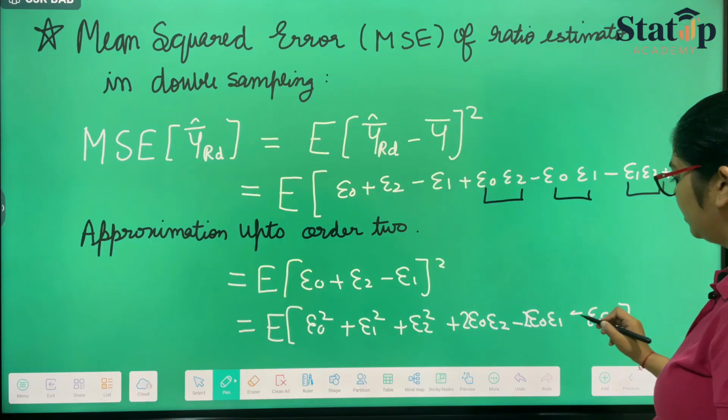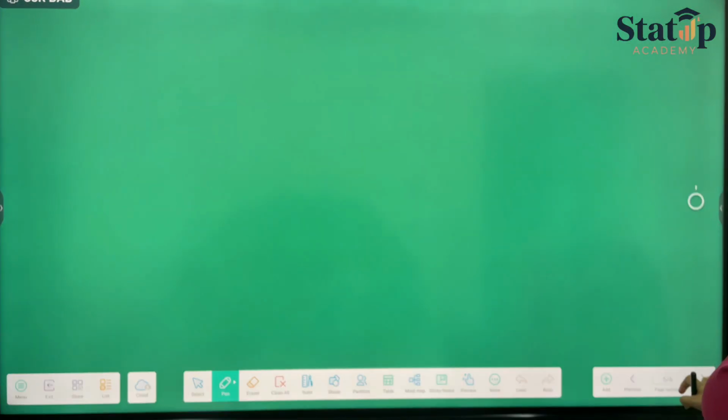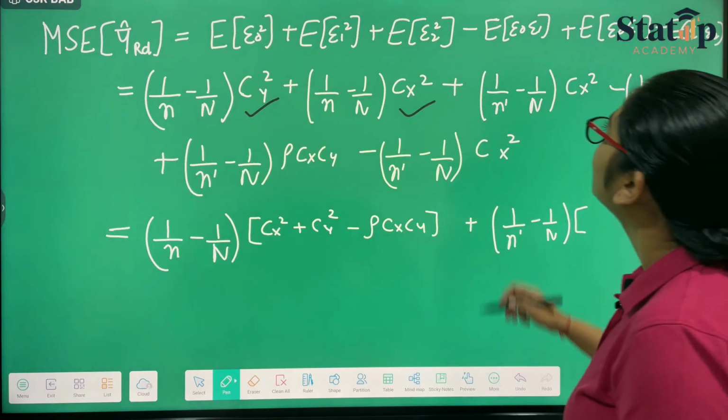These all will be multiplied by 2 because we are taking the square. So here also all of them will be multiplied by 2.